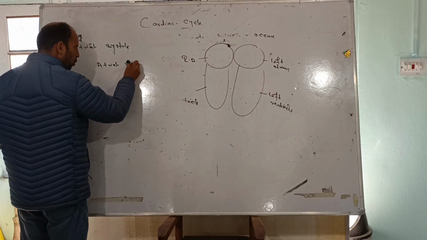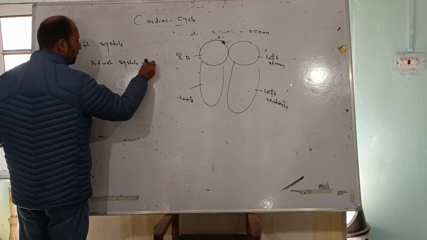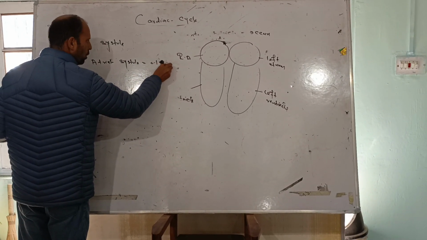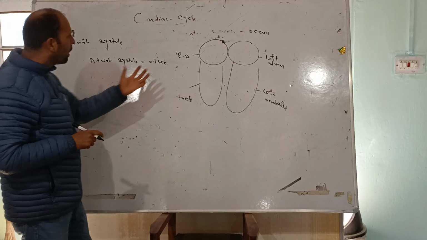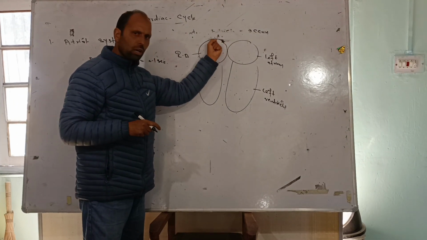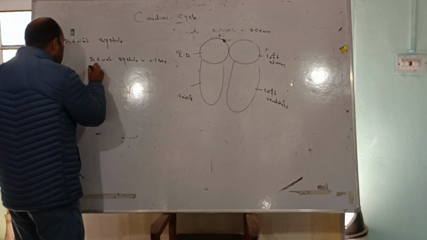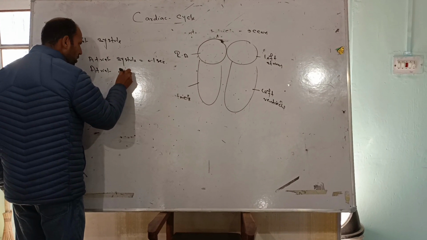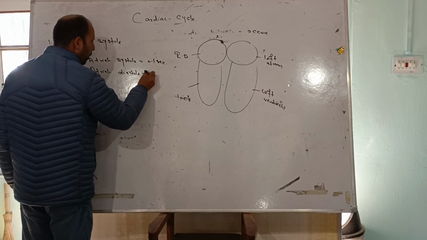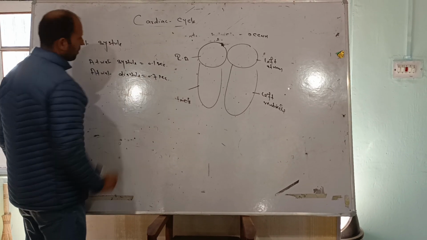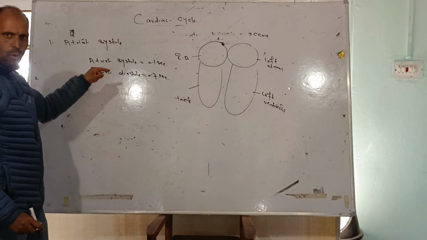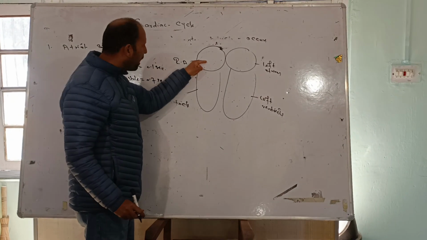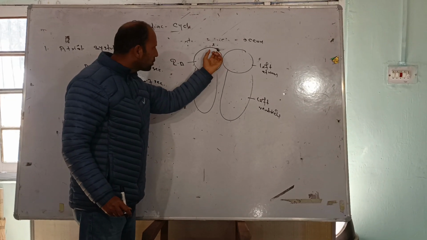This atrial systole occurs for 0.1 second. So for 0.1 second, both the right and left atria show contraction, and atrial diastole occurs for about 0.7 seconds. During atrial systole, the right atrium and left atrium show contraction.